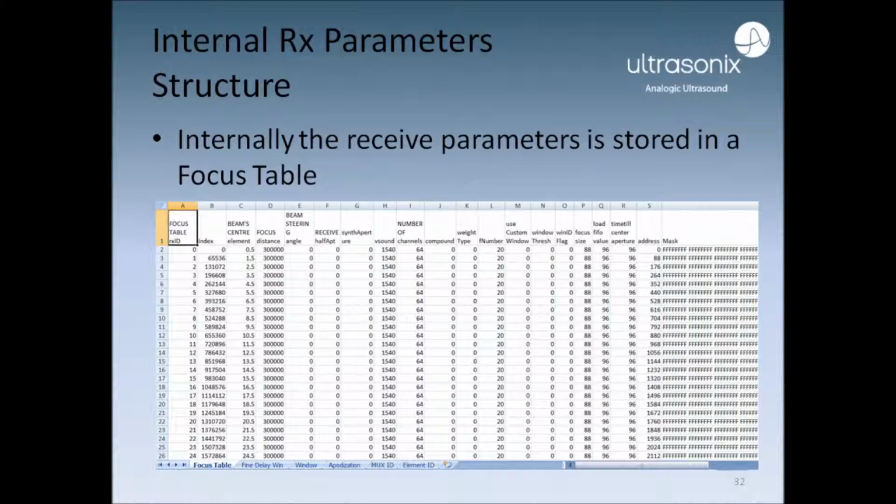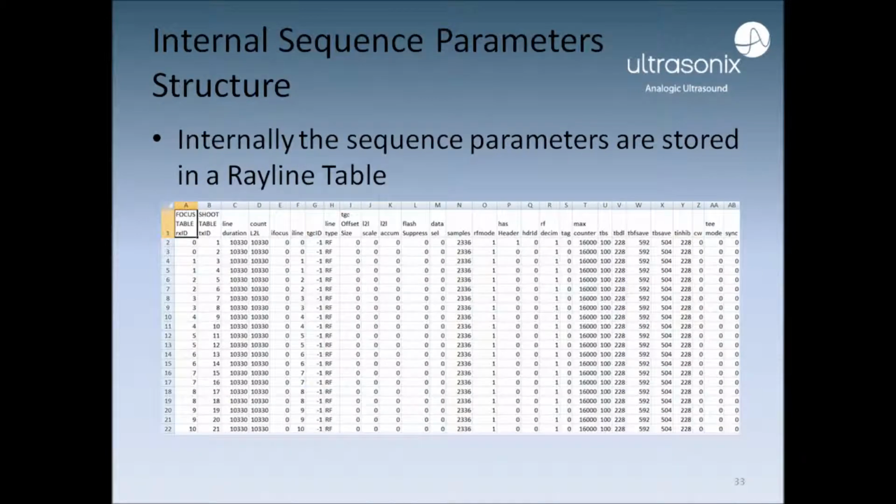for their center element. The third important table which is used for sequencing is the ray line table. The ray line table deals with the order in which the transmits and receives are carried out and their timing. Each row in this table references one transmit item from the shoot table by its TXID and one receive item from the focus table by its RxID.